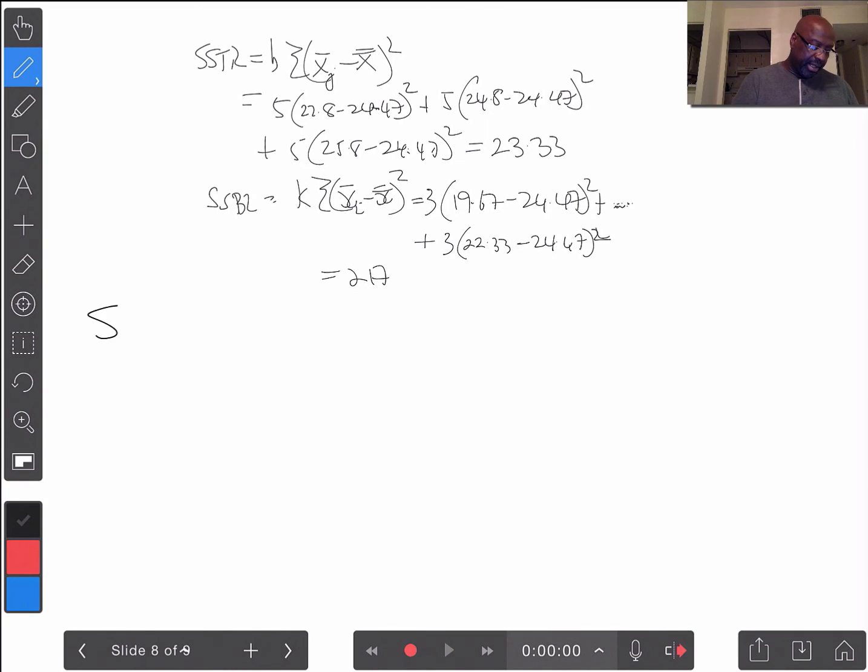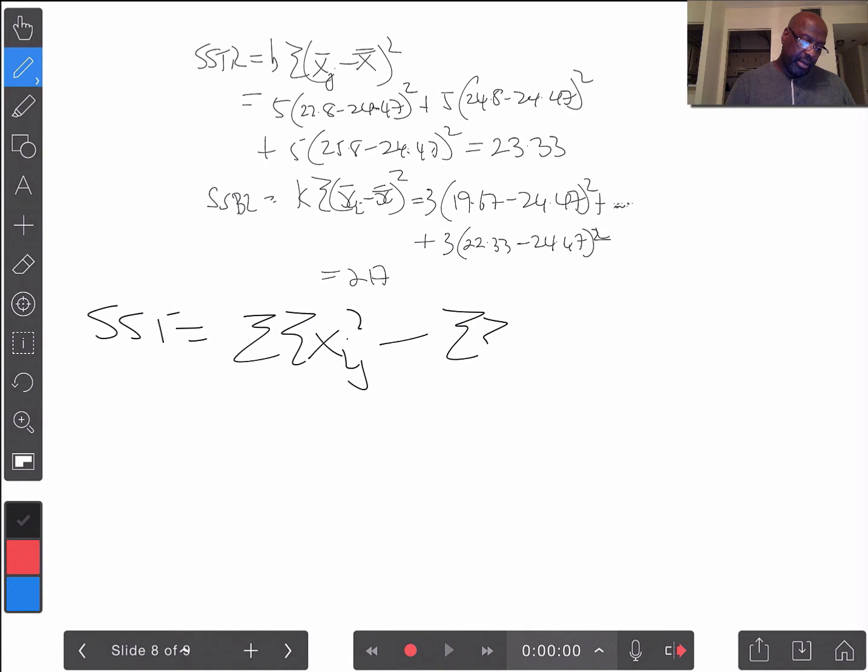Total sum of squares, SST, as I mentioned, is the sum of xij squared minus the sum of xij, all squared, over n. Now I will confess I have to pause for a quick second to calculate these values.